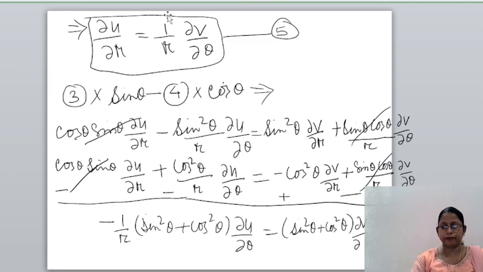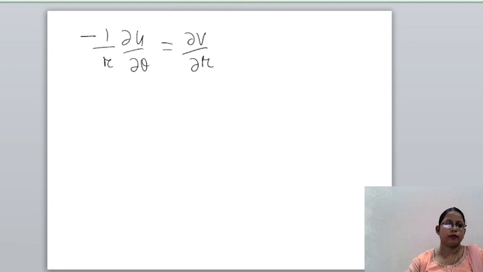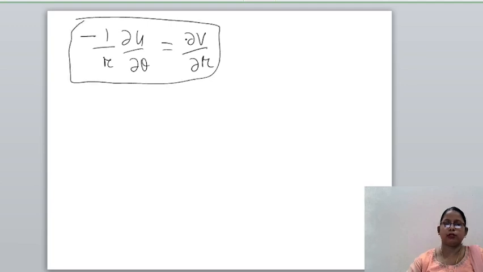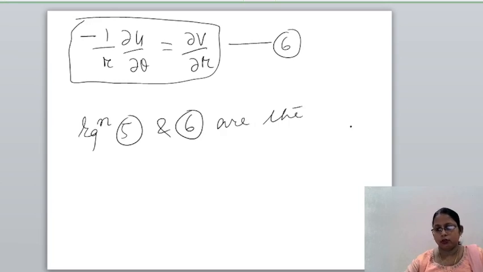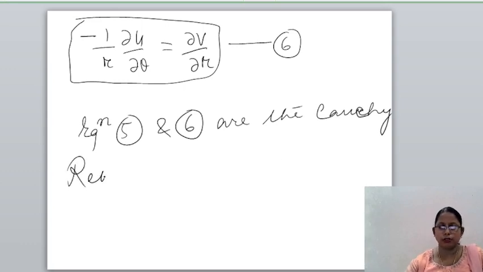See? Let us call this equation 6. Equations 5 and 6 are the Cauchy-Riemann equations in polar form.